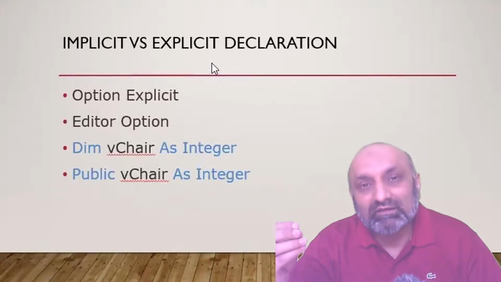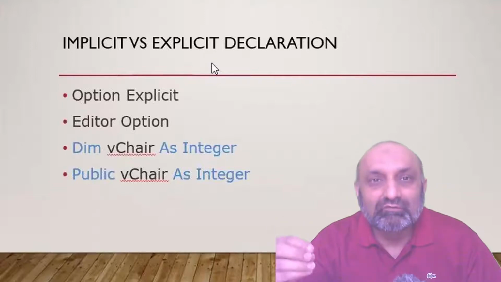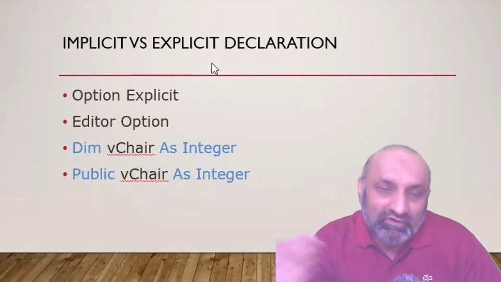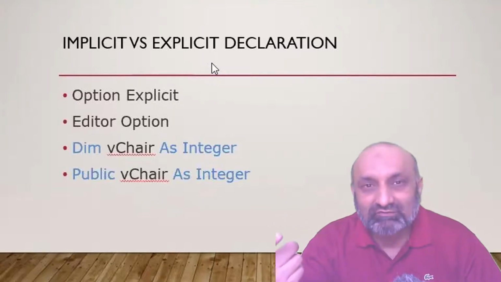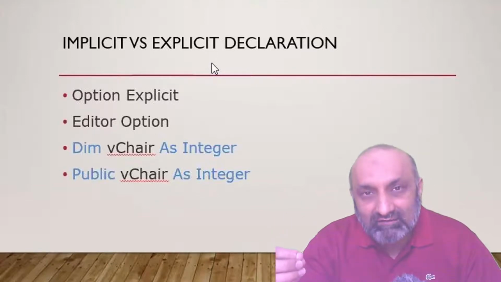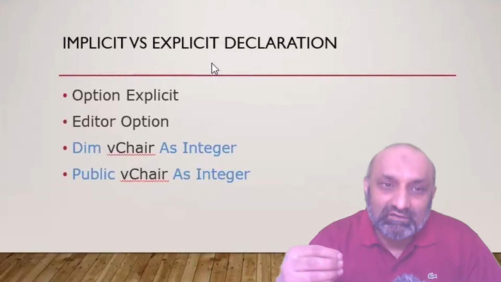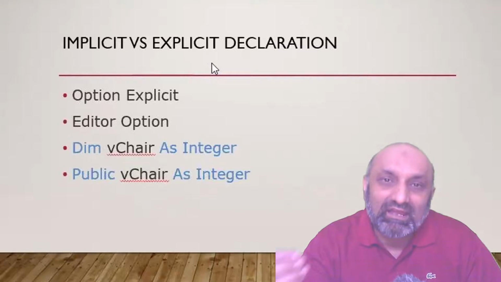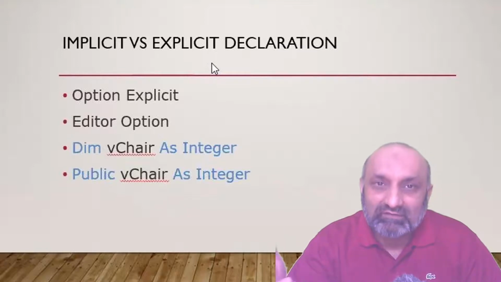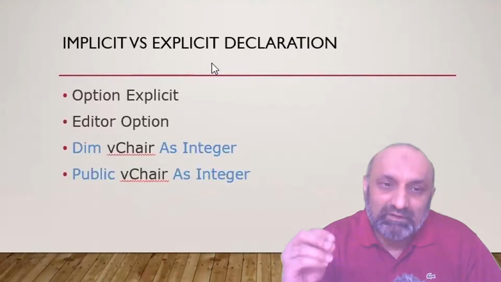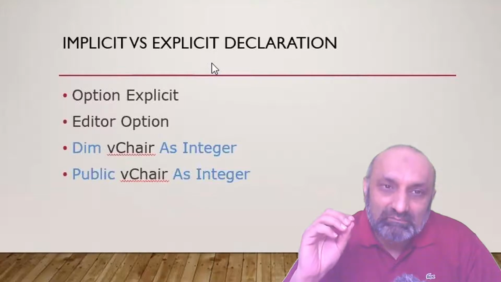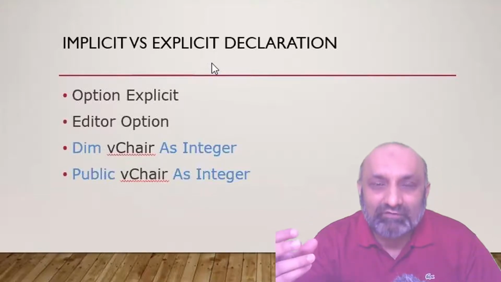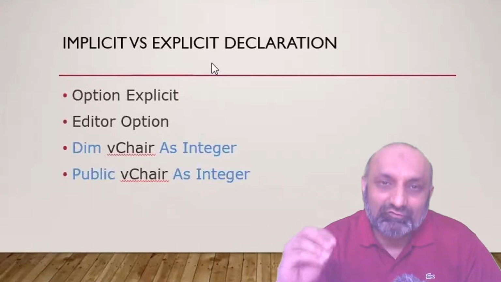And if I say vchair is equal to Windows 87, so Windows 87 is a string, it's text, so Excel will understand that this variable is a string variable. Its type is string. So we will discuss types, but implicit versus explicit is the declaration of the type of the variable that we have to do.